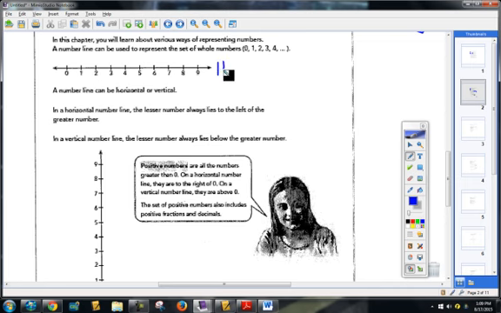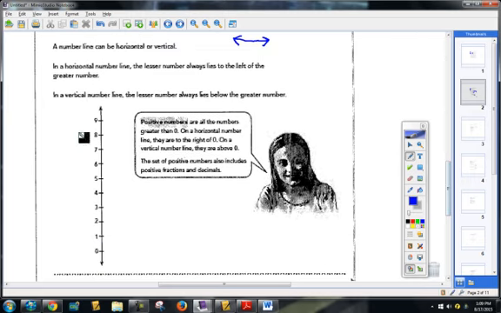This right here is called a horizontal, so we're going to go ahead and write that word. Remember, if I write it, you write it. Horizontal number line. Horizontal is the one that goes side to side, and right here would be a vertical number line. Vertical goes up and down.